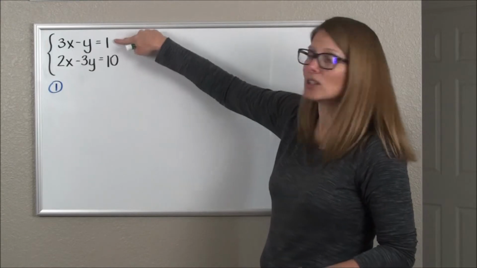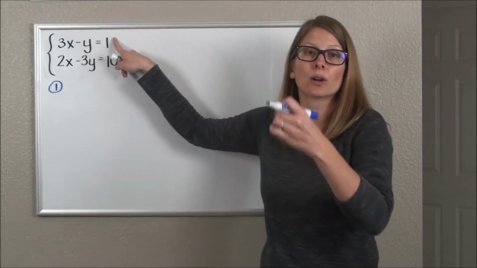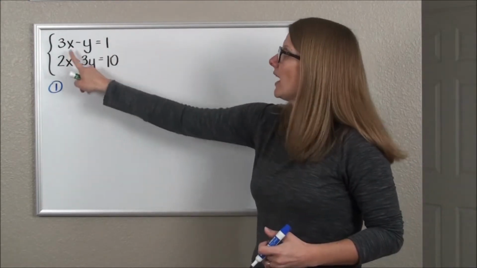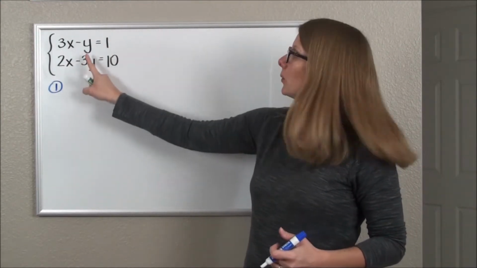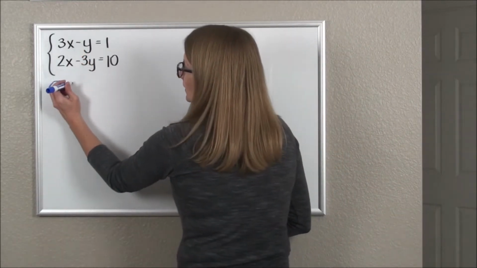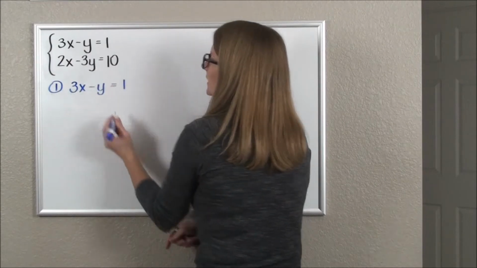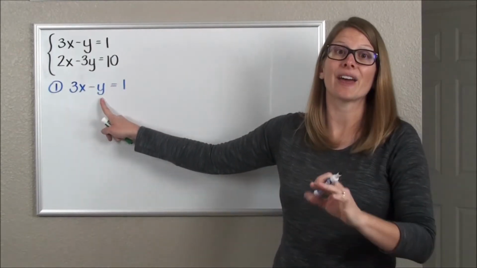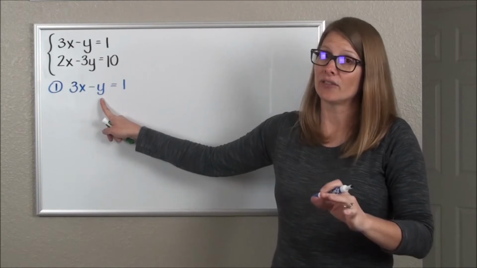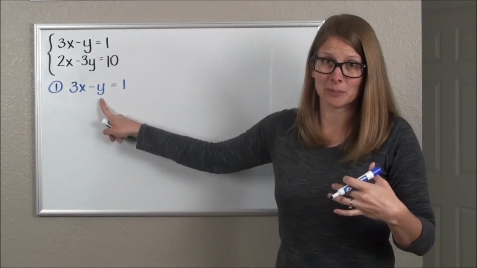So what I would suggest in your step 1 is if you don't see an equation that literally says x equals or literally says y equals, find an equation that has a variable with no visible coefficient. So I'm going to take the first equation, because in that first equation, it's going to be easy for me to isolate the y without having to deal with fractions. And if I have choices that I can make, I want to make choices that are going to make things easier on me, not harder.